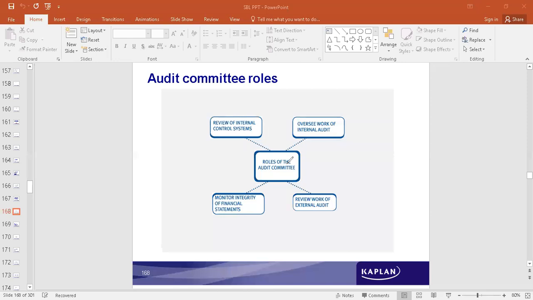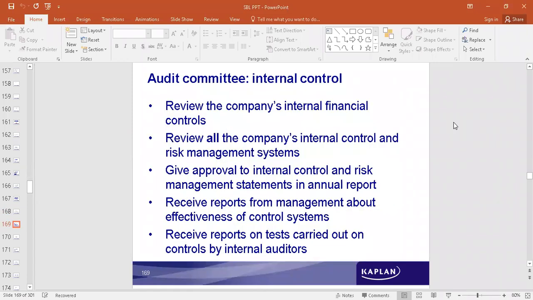Then review the work of external audit. The external auditors who are appointed to carry out the work, the committee also has to review their work. Those are the roles of the audit committee.